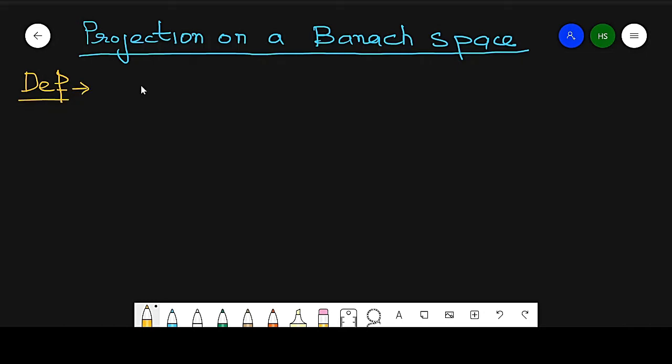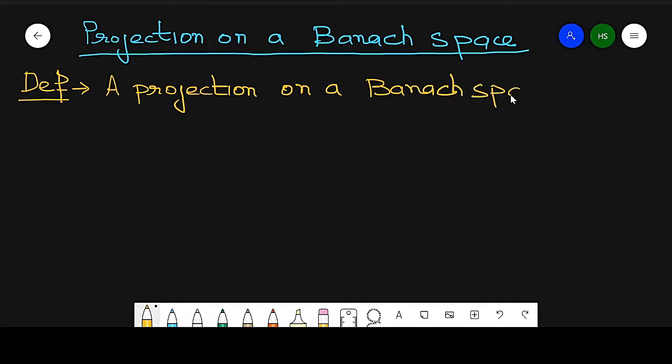A projection on a Banach space B is an idempotent operator.